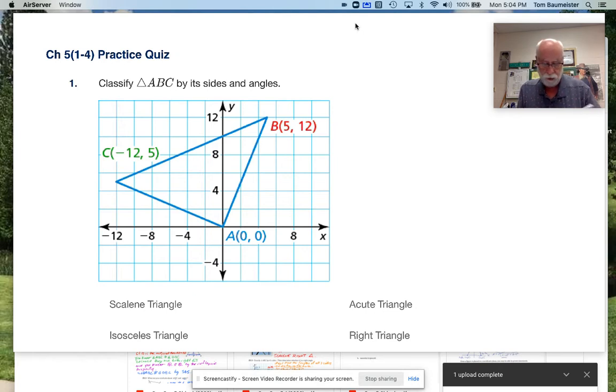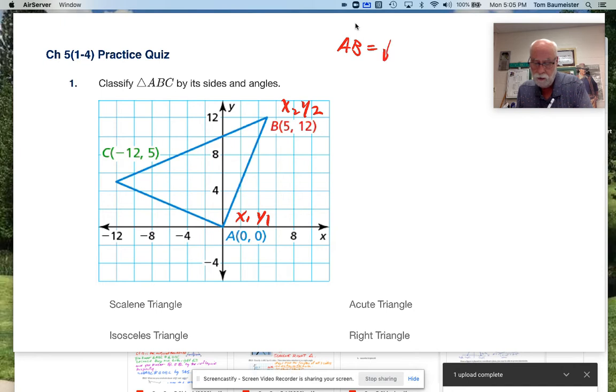So first of all, to decide what kind of triangle it is, we're going to have to use the distance formula. So again, I'm going to use AB. And remember, I'm going to use the distance formula. So I'm going to call this one here x1, y1, and this one here x2, y2.